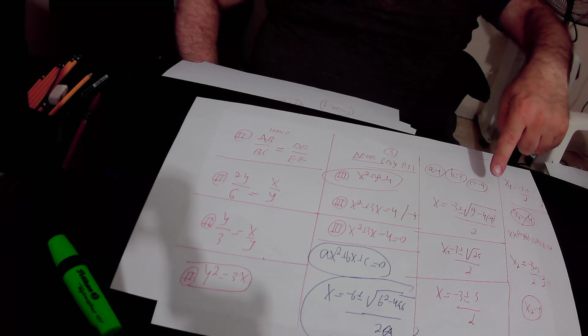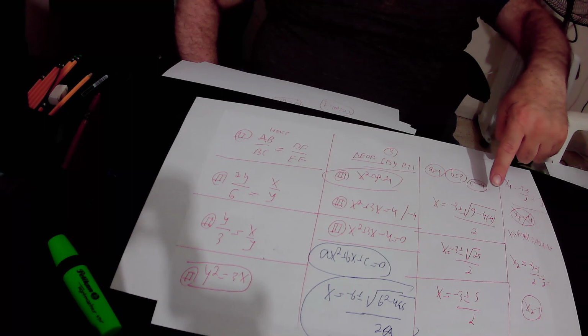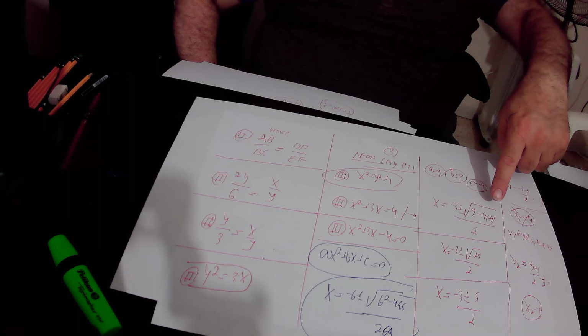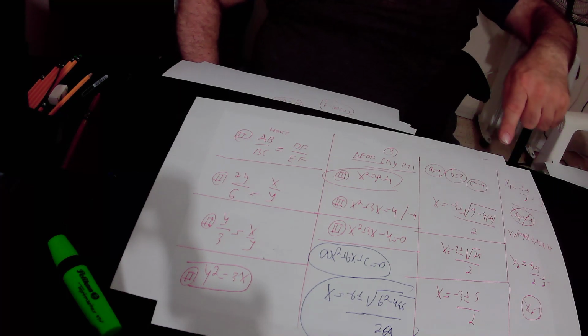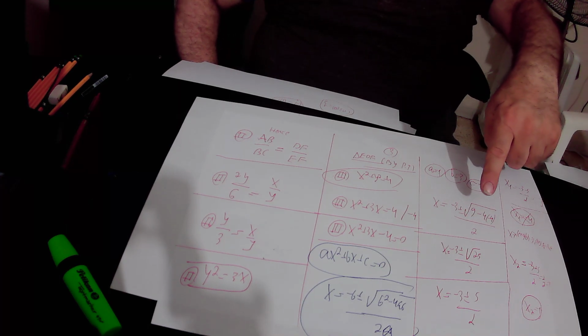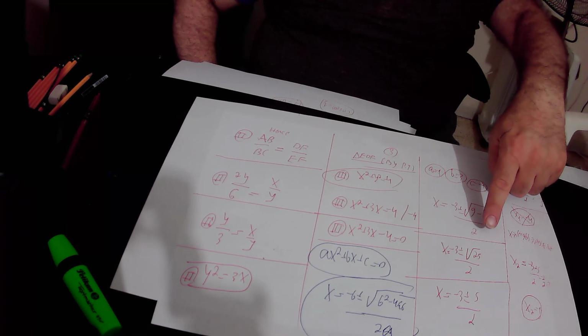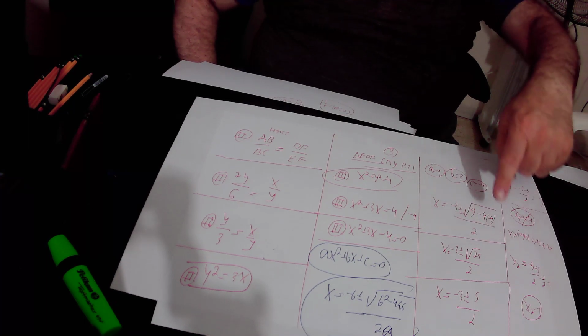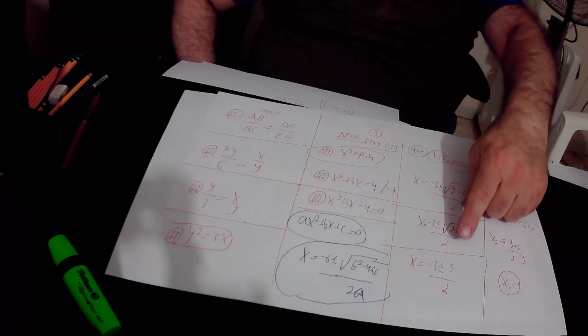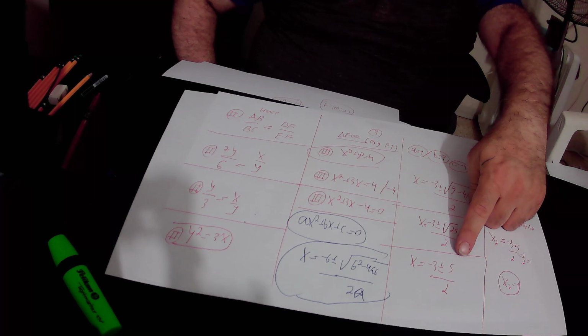So inside the root, we have minus 4 times minus 4 is 16, and 16 plus 9 is 25. So in conclusion, we found out that X equals minus 3 plus minus the square root of 25, which is 5, over 2.